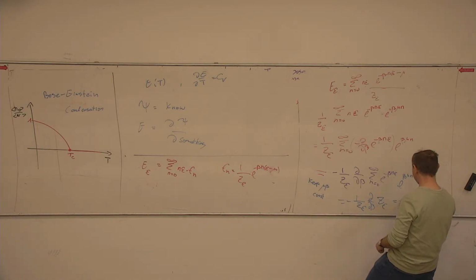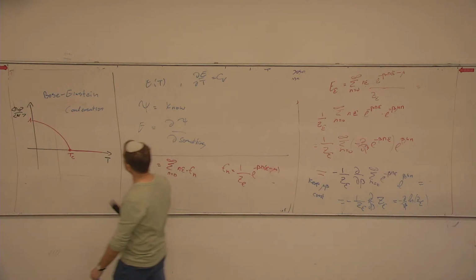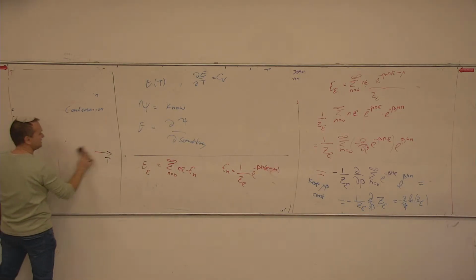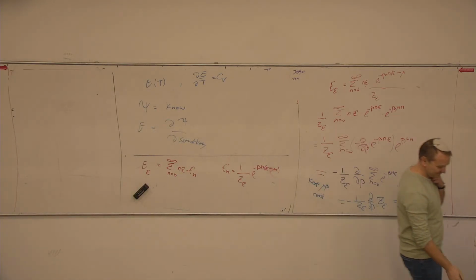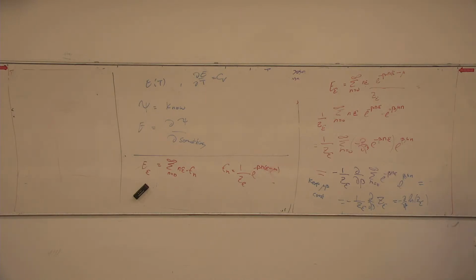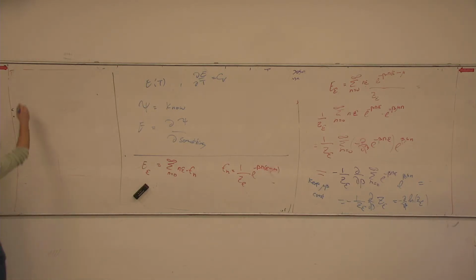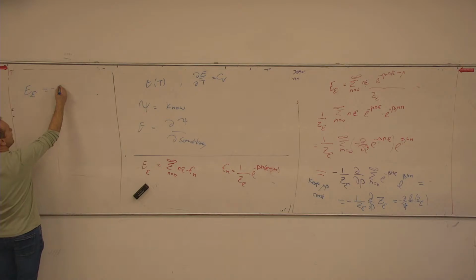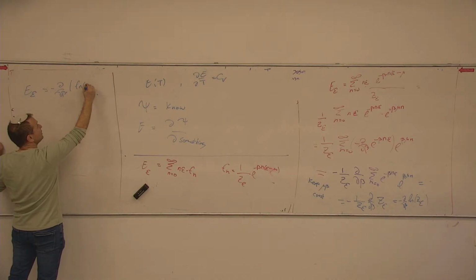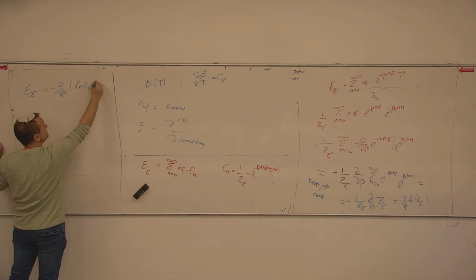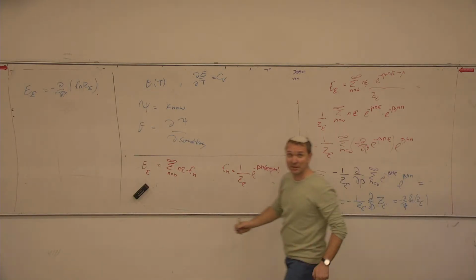And here, minus d to d beta. Right? Yeah, that was what we did before. So it's minus d to d beta of log of z epsilon. So E epsilon equals minus d to d beta of log of z epsilon. Now, sum everything up.